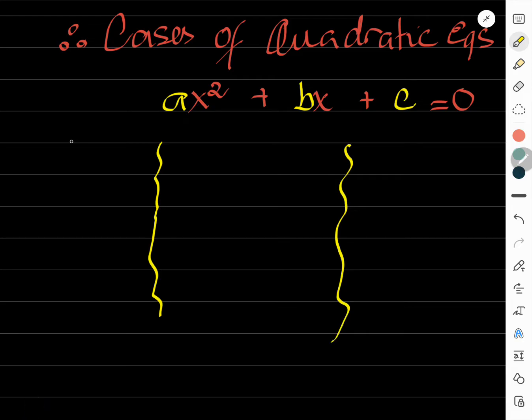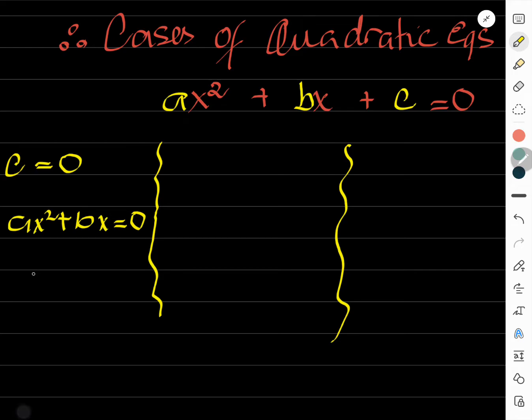The first case is when c equals 0. Then we have ax squared plus bx equals 0. This is easy.